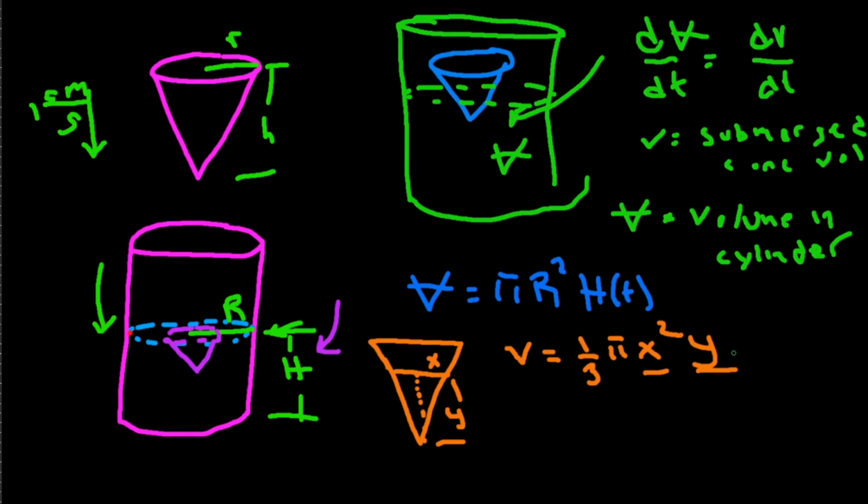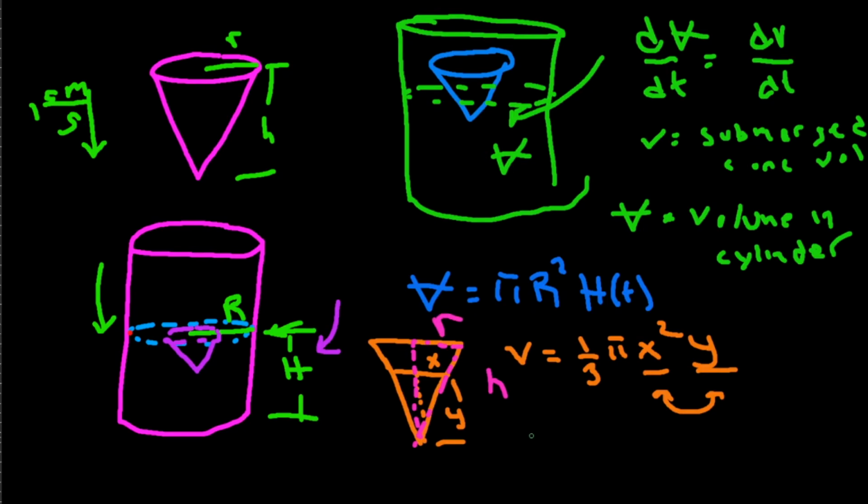But the really cool thing about this is we can actually write one in terms of the other, because we can make a similar triangle equivalence here, where the big triangle is height h and the big radius is r.